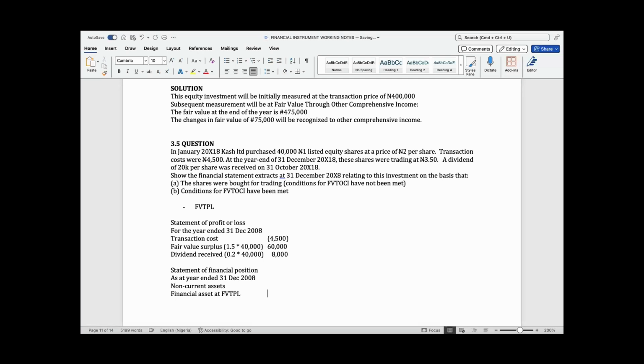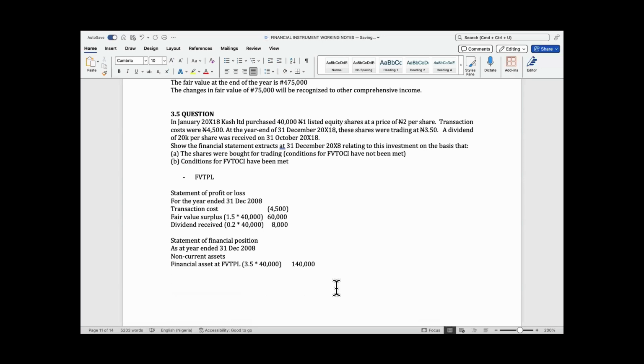At the end of the year, the valuation will be 3.5 times 40,000. How much is that? That would be 120. Is that not 140? You are correct, sir, 140. Okay, 140. So that's it for that.